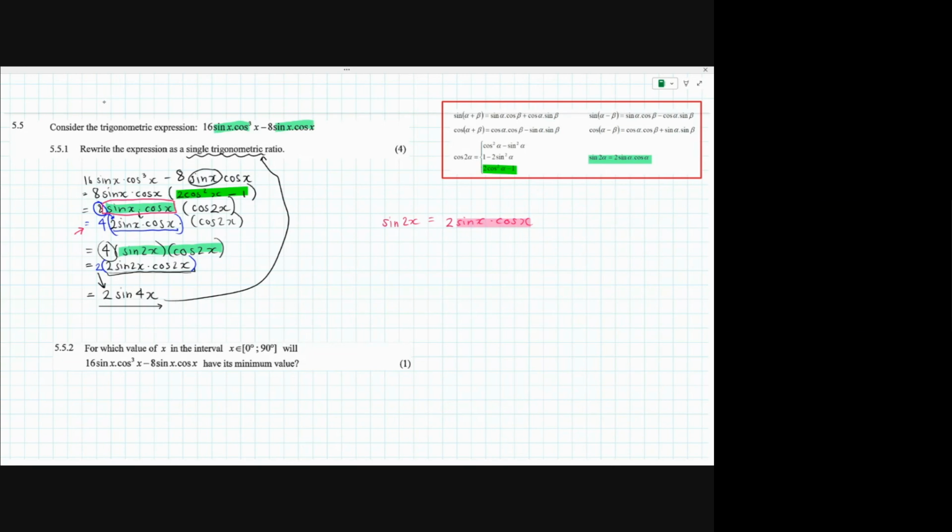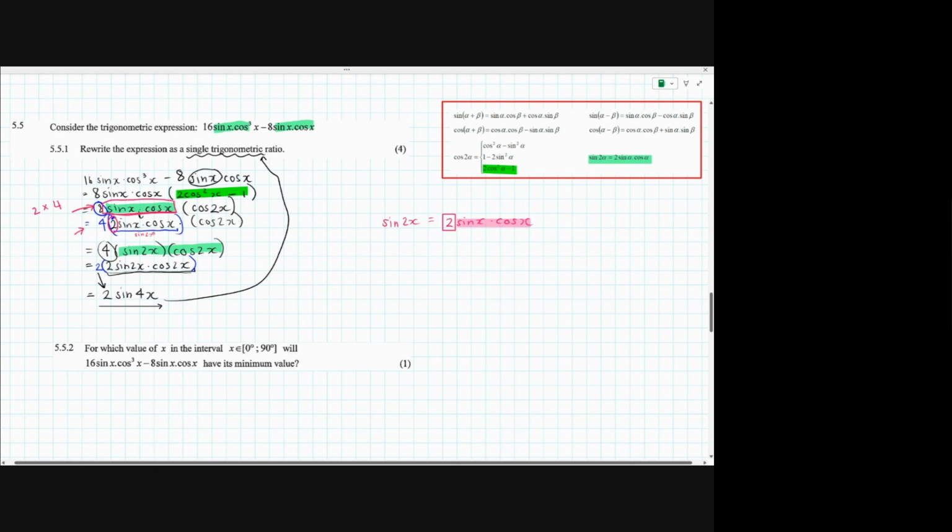However, what I am missing is this coefficient of 2. But that's okay because I've got a coefficient of 8. If I split 8 up into a factor of 2 times something, that would be 2 times 4. So I can put my coefficient of 2 that I need with my sine x times cos x to get my sine double angle.